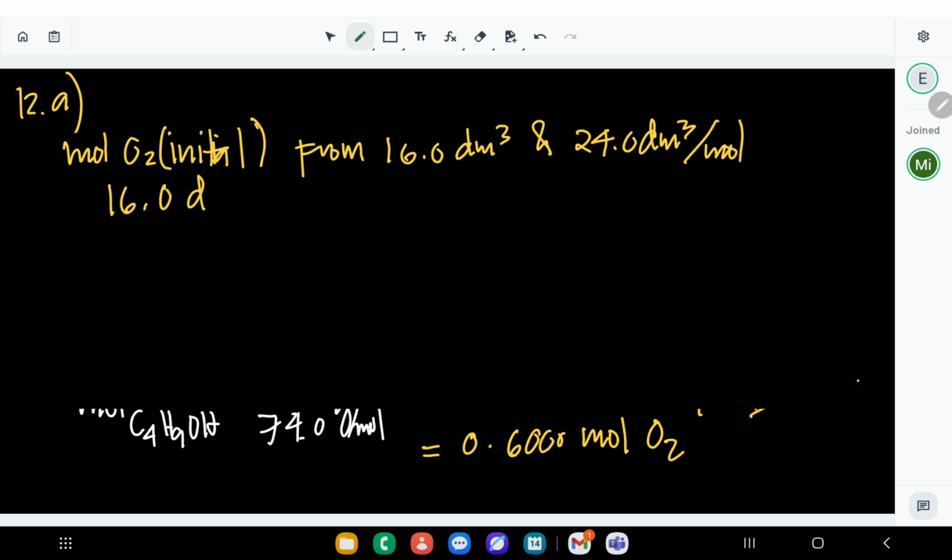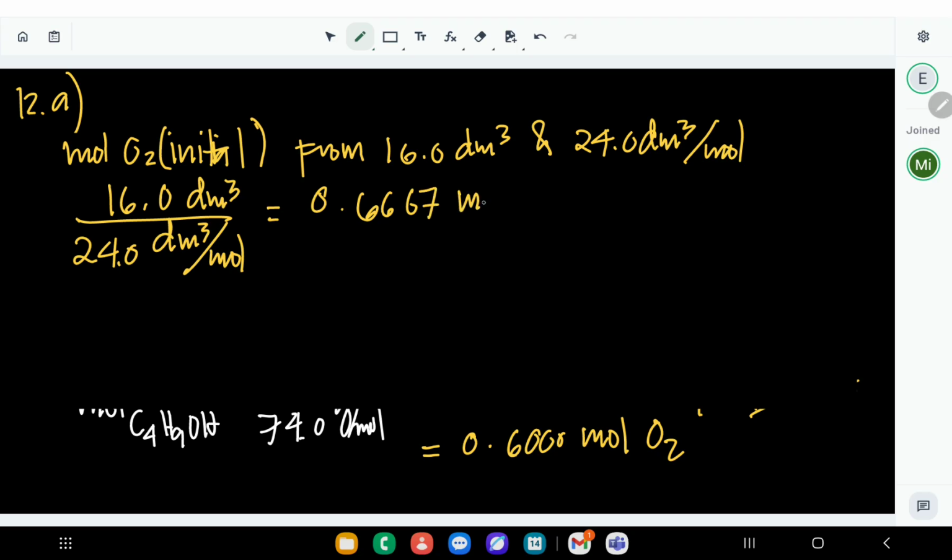So 16.0 cubic decimeters divided by 24.0 cubic decimeters per mole is just 0.667 moles oxygen. So the initial number of moles of oxygen is 0.667, and the number of moles of oxygen that is needed in the reaction is the 0.600.